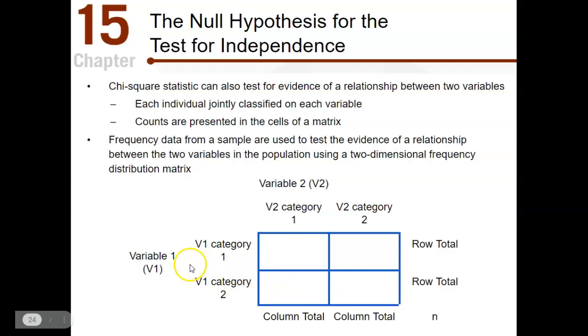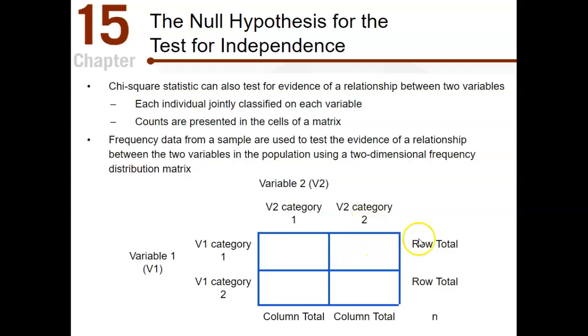We have a variable on one side along the rows with any given number of categories. Here we just have variable one with two categories, and we have another variable which we can see column-wise. Again, here we just have variable two with two categories. But it can be any number of rows or columns.